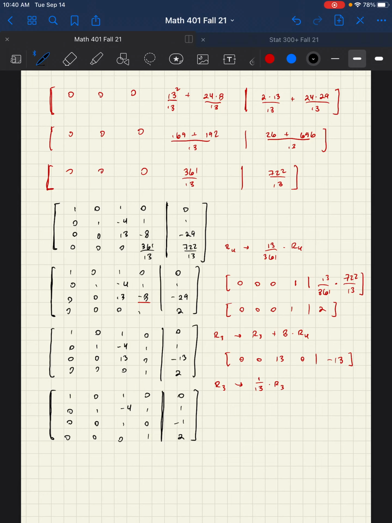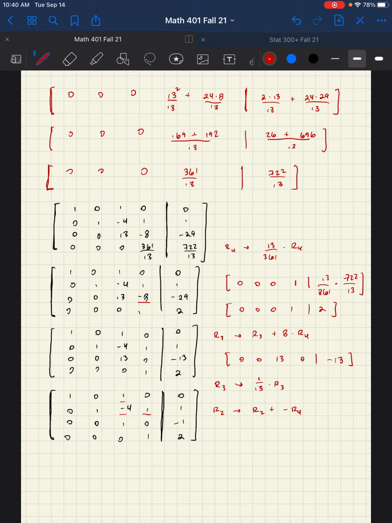Okay? And now we can cancel some of the remaining non-leading coefficients. So for instance, we want to target this 1, this negative 4, and this 1. And we can do that in a couple of swift steps. First of all, row 2, we'll replace with row 2 plus negative row 4.